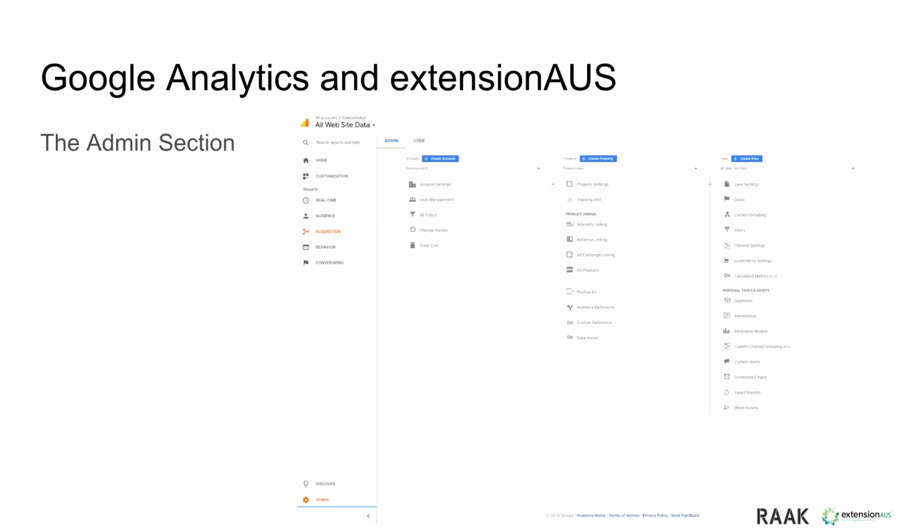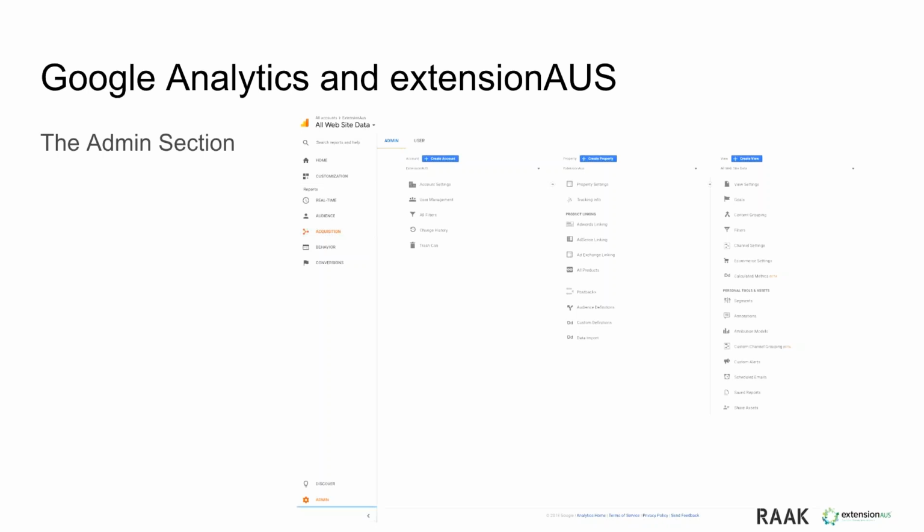So when you first log in, you'll arrive at the admin section, which is the little settings wheel at the bottom, Admin, that shows the account, the property, and the views within that particular property. I've done this for extensionAUS. It's just a screen grab.